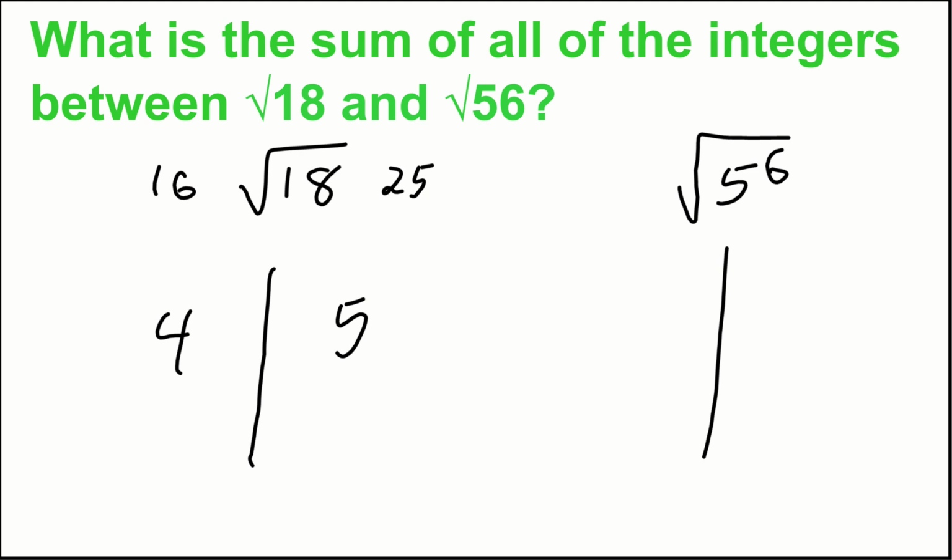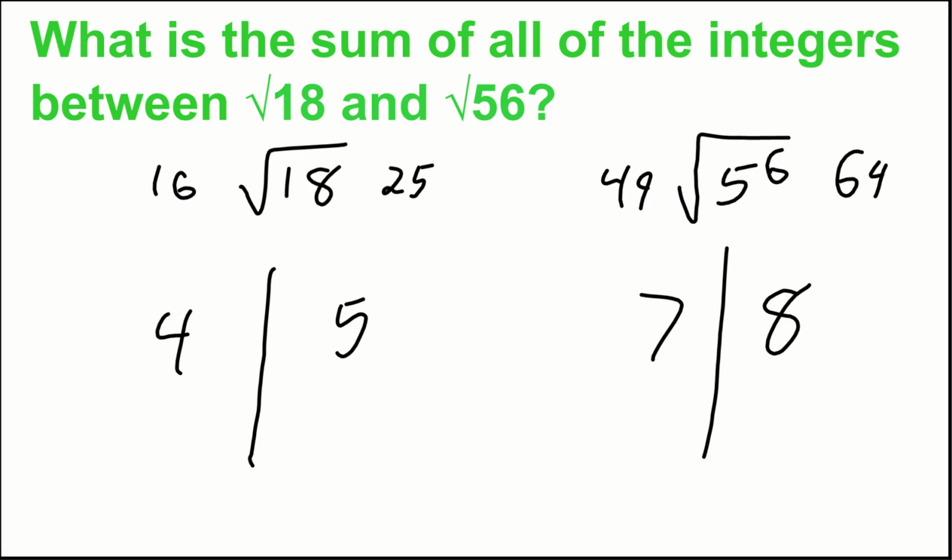Now we do the same thing with the square root of 56. So get which two numbers that is in between. 7 and 8 is correct. 7 squared is 49. 8 squared, 64. 56 is between those two. So square root of 56 is between 7 and 8.